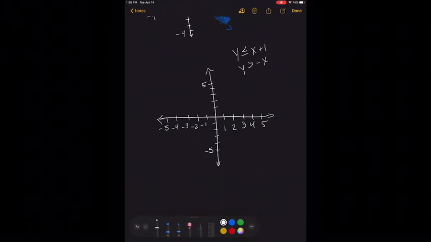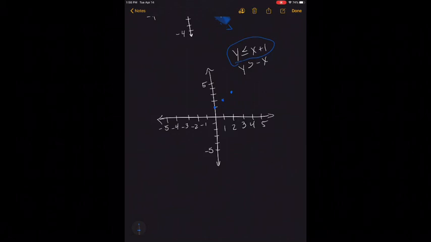So let's start with y is less than or equal to x plus 1. I'm going to use blue for that equation, so I'll circle it with blue. So our y-intercept is 1, and our slope is 1. It's a positive slope, so it goes this direction. And it's a solid line because it's equal to.